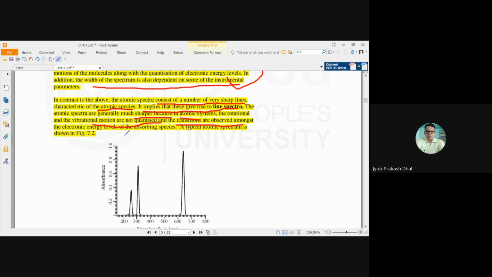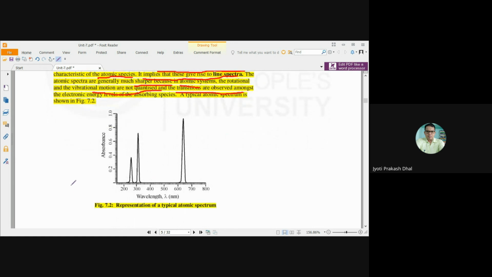But we can only analyze the transition of the electrons present in the atom in various energy levels. So here the electronic energy levels of the observing species can be analyzed. That's why the atomic spectra will give rise to line spectra, which is very much sharper in comparison to molecular spectra.